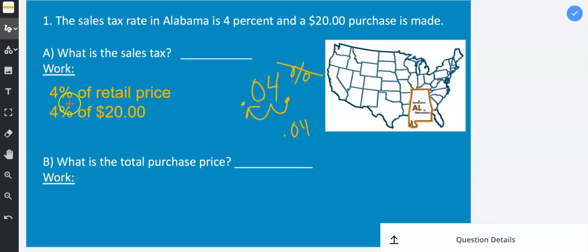So I'll come back to where I was typing, and I will type 0.04, and then of means multiplication. So we're multiplying the 4%, 0.04 times $20. We had to change 4% to a decimal because you cannot multiply when it's in percent form. Now I'll go to the calculator.